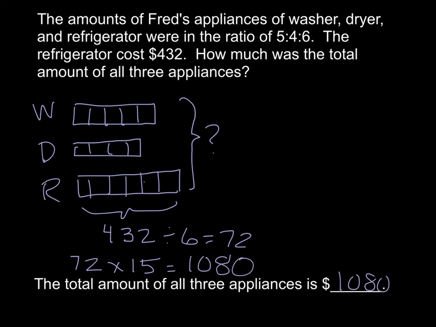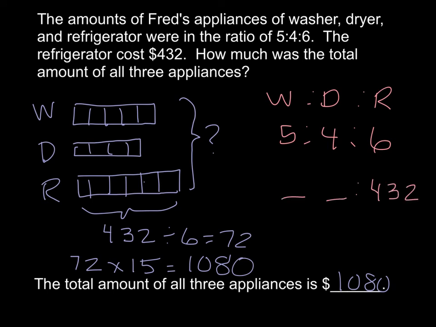Doing the ratio method, I would have said the washer to the dryer to the refrigerator is 5 to 4 to 6. And I would have put the $432 under the refrigerator, and I would have needed to find those two and then added all three of those numbers up.